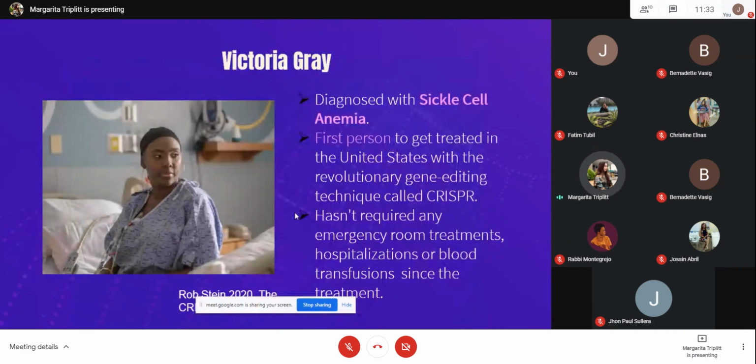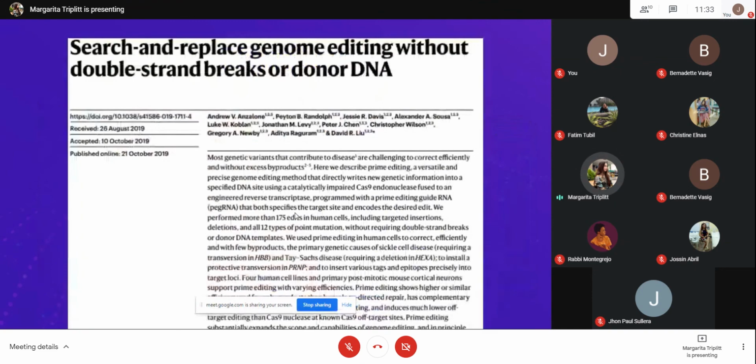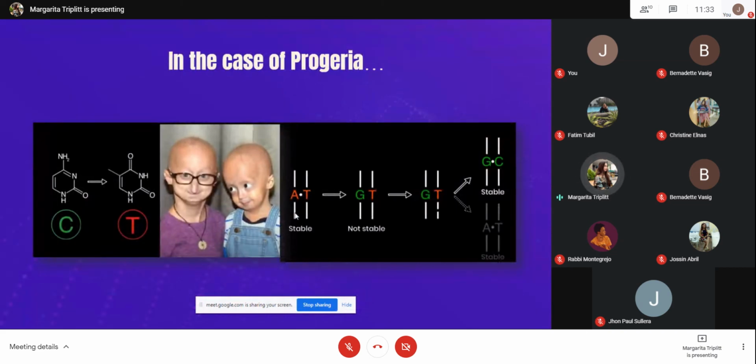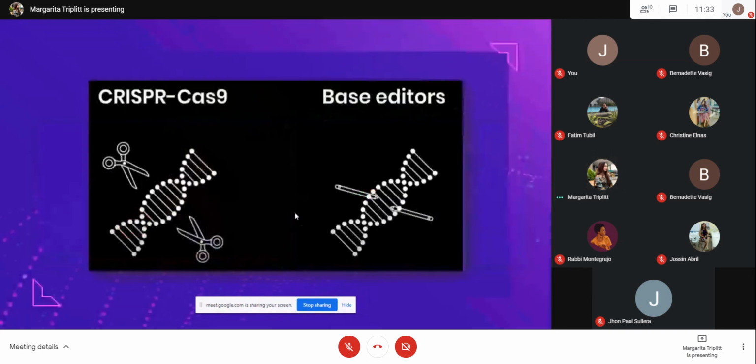I also have a study regarding the CRISPR-Cas system, but it's way different from the usual CRISPR-Cas since this study included CRISPR-Cas9 highly modified to search for and make specific alterations in genetic mutations, like in the case of progeria.